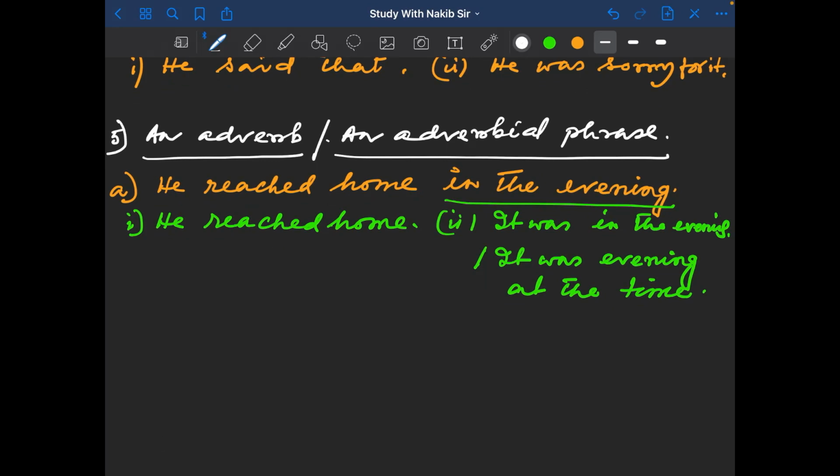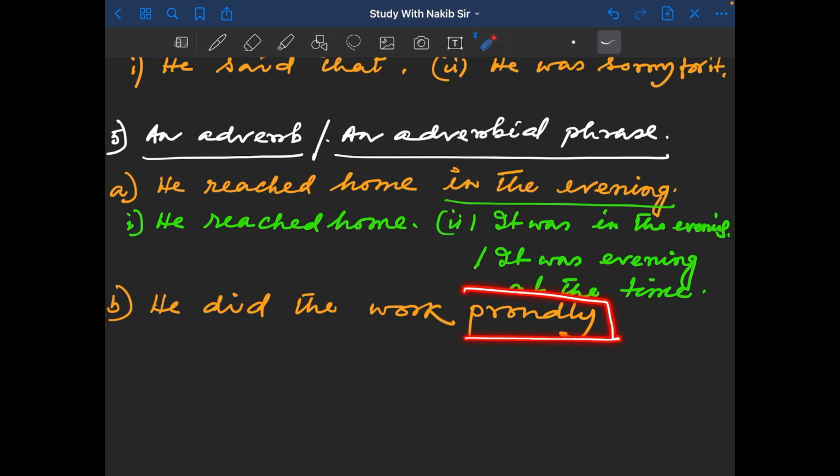Take another example. B. He did the work proudly. He did the work proudly.